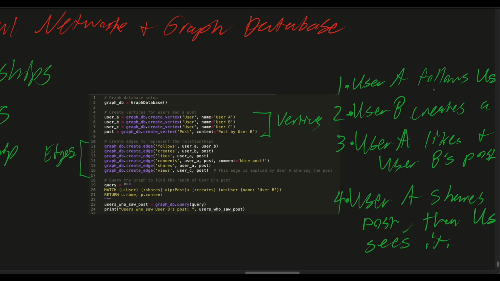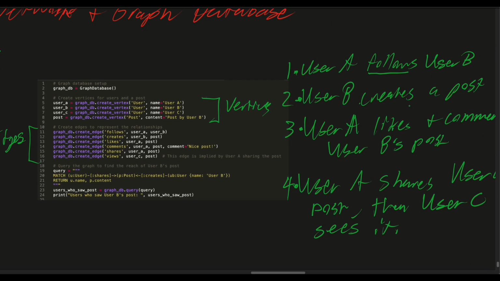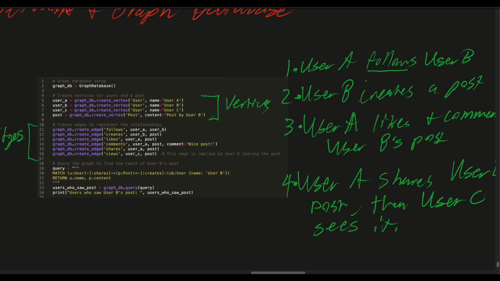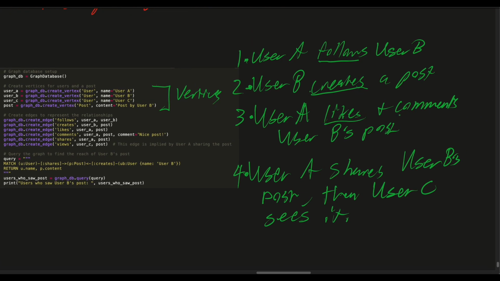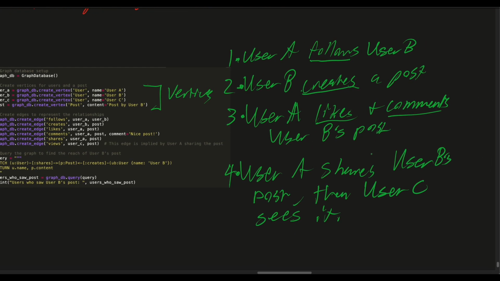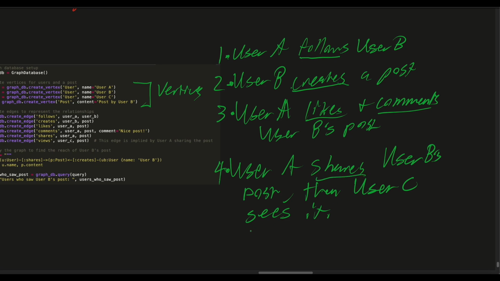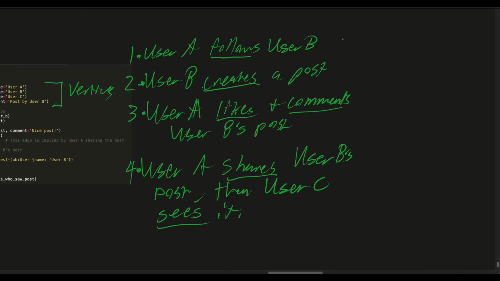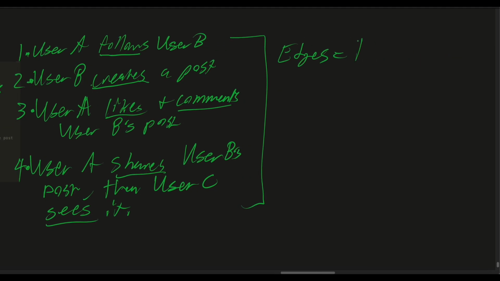So this would be considered a vertice. I'm sorry, this would be considered an edge. This would be considered an edge. Likes and comments, another edge, and then shares. Then user C sees it. So technically, you can say that the edges are also the actions which define the relationships.